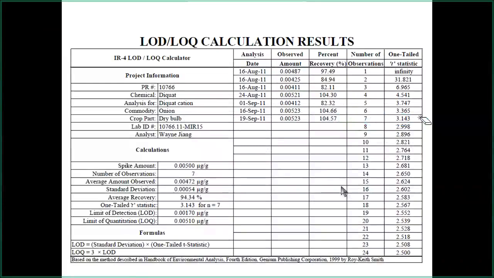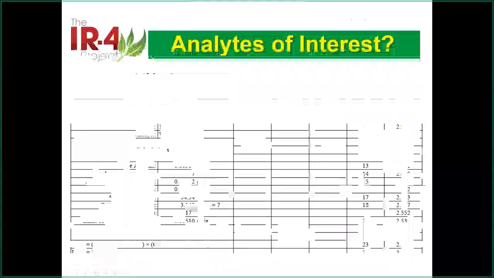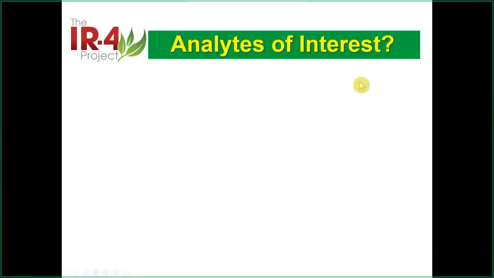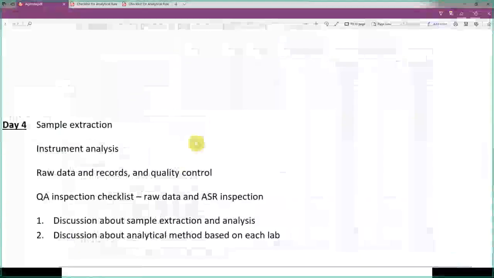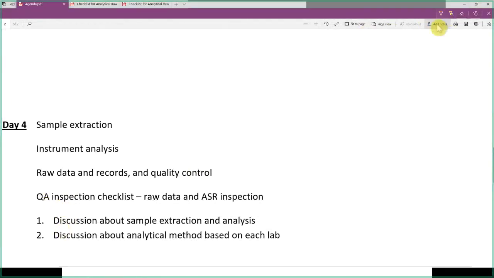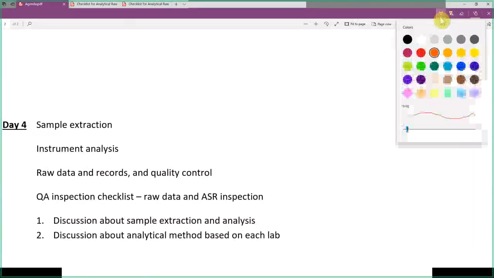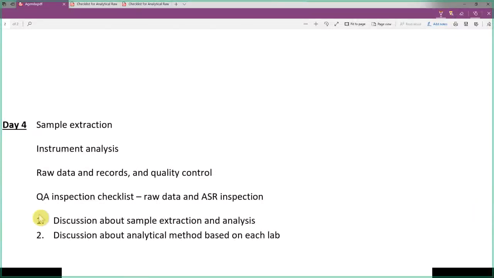Let me show you my QA form. Okay. This is today's agenda. We're supposed to finish all these, which you already did. We're supposed to do the QA form, which I already have here.